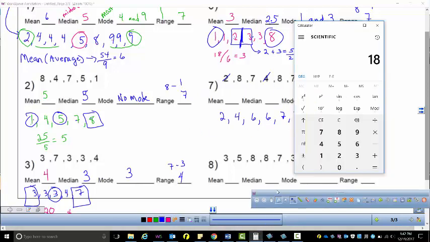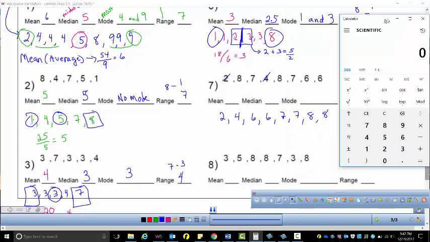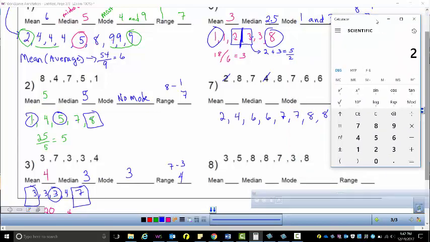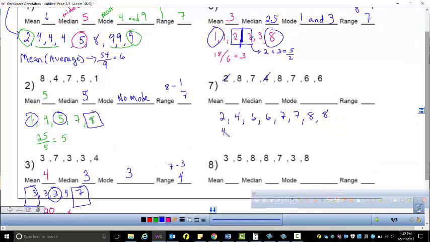So my mean, I'm going to add, whoops, what numbers am I adding? 2 plus 4 plus 6 plus 6 plus 7 plus 7 plus 8 plus 8 is 48. Divide by 8. So it's 6. So my mean is 6.